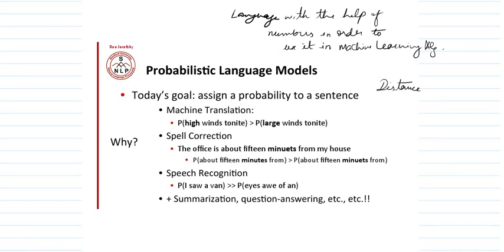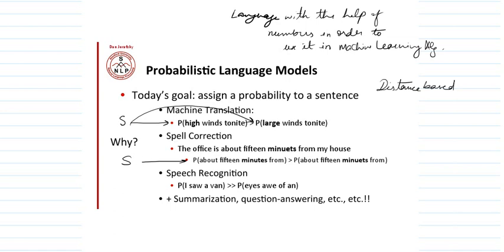We discussed that we could find the distance from the source sentence: I find the distance between the source and this one, and the distance between the source and that one, and whichever is closer to the source must be the correct one.